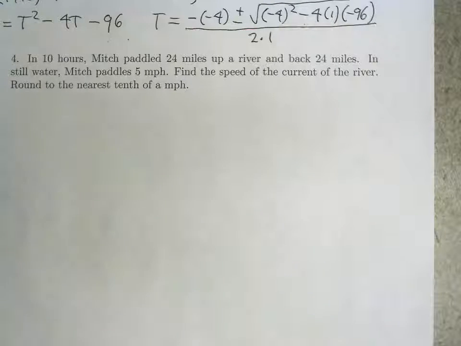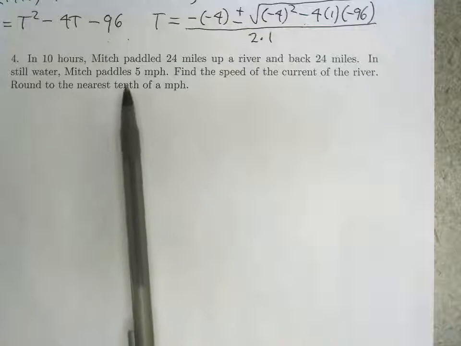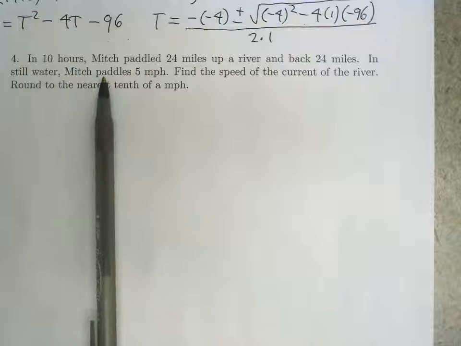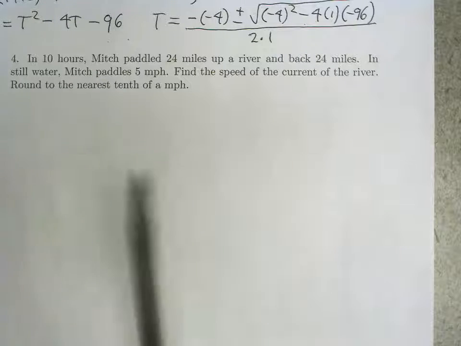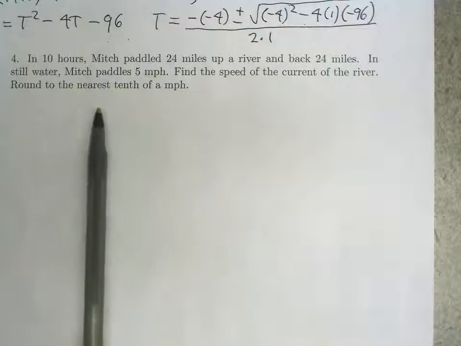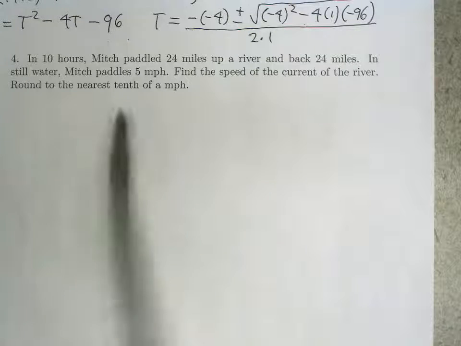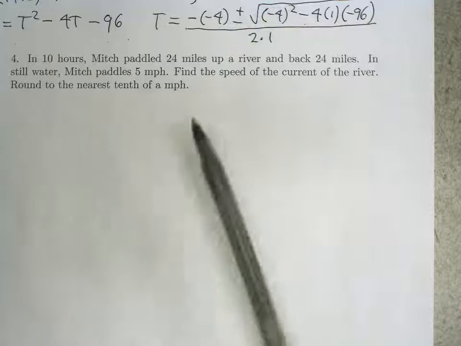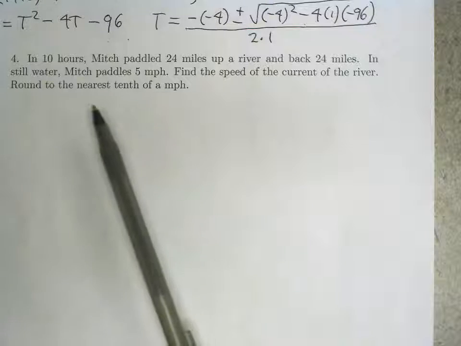I suppose that's possible, but another assumption is that Mitch is always paddling at the same rate, like a machine. Okay, but those concerns aside, we'll just solve it as if those things were actually true.